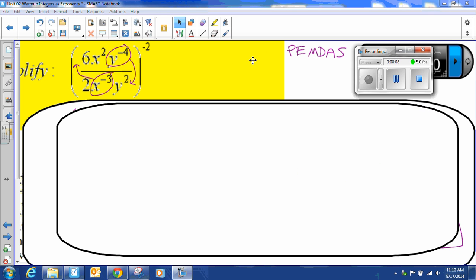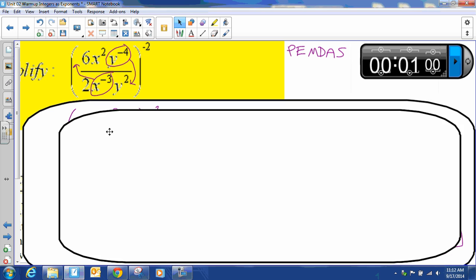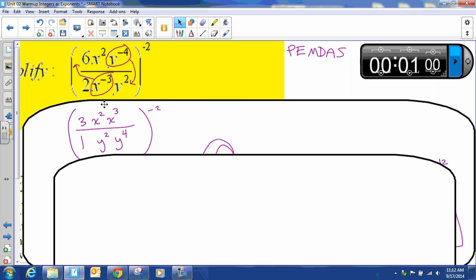Okay, now order of operations says to work on the parentheses first, so we'll simplify inside the parentheses first before we even deal with the negative 2 on the outside of the parentheses. So first thing, we want to take the negative exponents and bring them to the other side of the fraction bar. As you can see, we brought the y to the negative fourth down here to y to the positive fourth, and x to the negative third in the denominator is now in the numerator as x to the positive third. 6 over 2 reduced to 3 over 1.